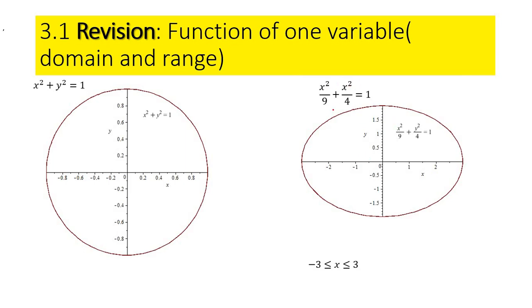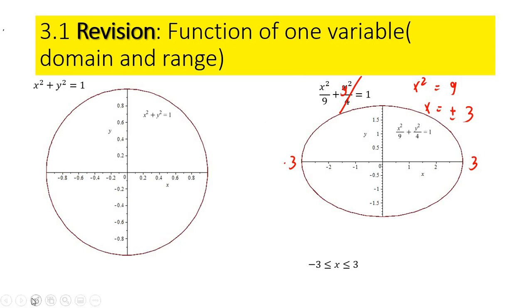And if you want to sketch the graph of this ellipse, when you let y equal 0, then you have x squared equal to 9. So x will be positive or negative 3. That's why this is negative 3, positive 3.